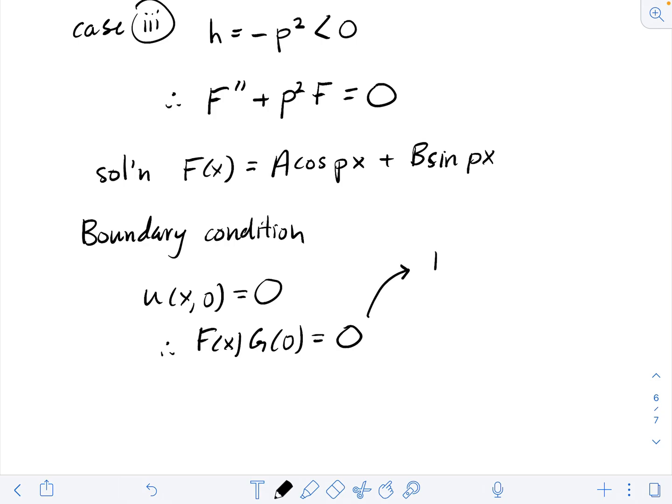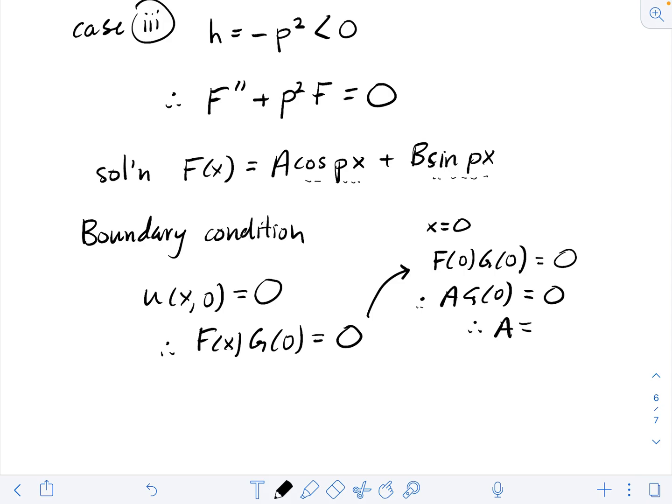Okay, so if we take the x equals 0 case, putting in x equals 0, we're going to get cos of 0, which is 1, and sine of 0, which is 0. So f of 0 is just going to be a. So a g of 0 is equal to 0. Again, we don't want to put any restrictions on g right now. So a must be 0.